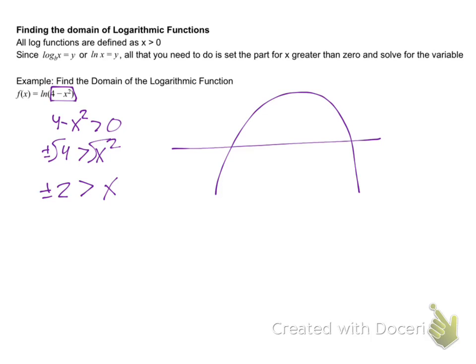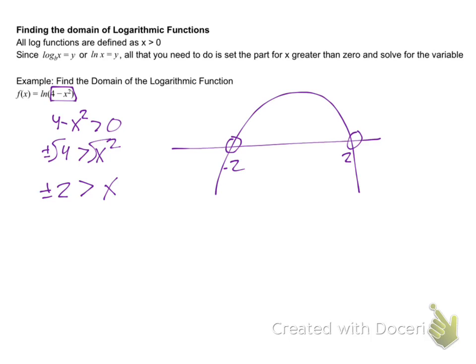But what's the other mistake? Open or closed? Open dots, because you can't be there. That was my other mistake. They're open dots at negative 2 and 2. And if I have this drawn this way, where is the graph greater than 0?